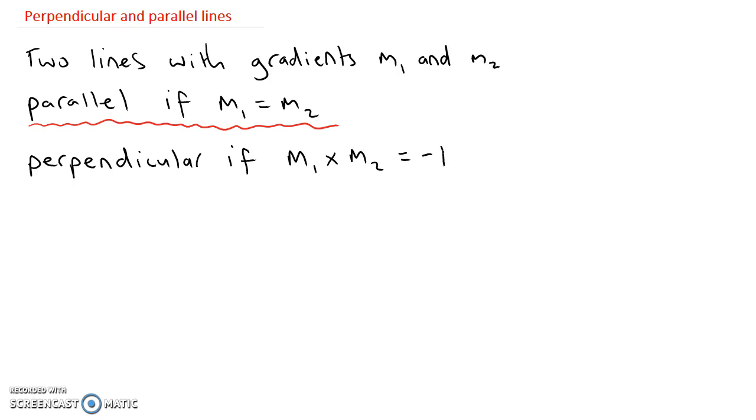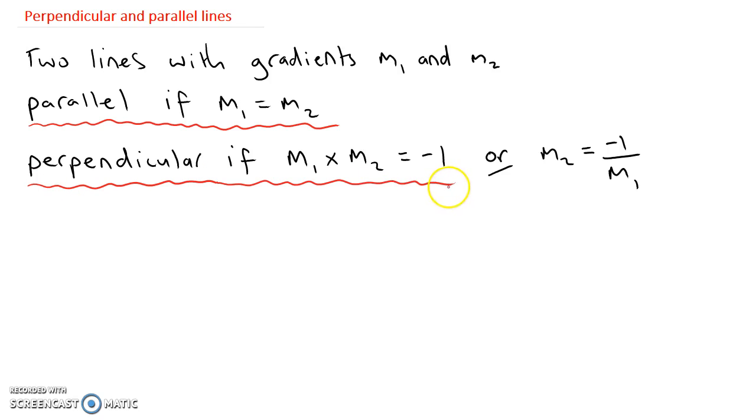Or, in other words, if we were to rearrange this, making m2 the subject, m2 equals -1 over m1. So those are the two principles for parallel and perpendicular lines. Let's work through a couple of examples.